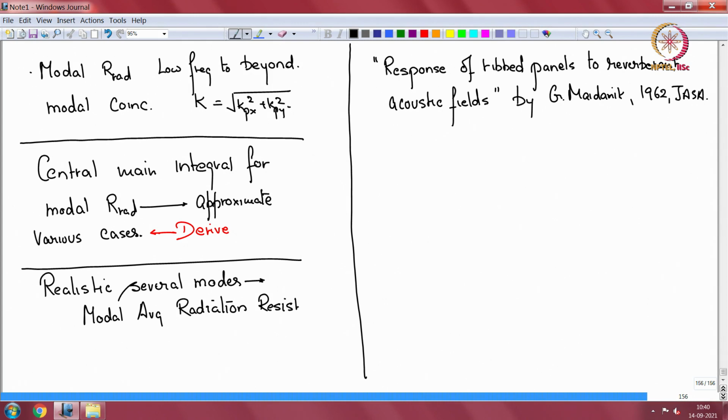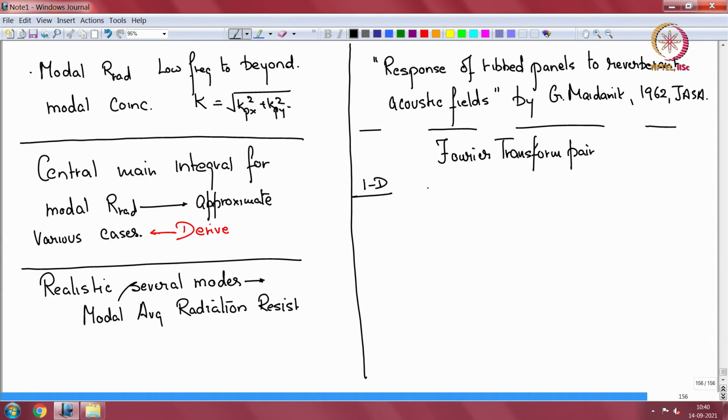So let's see, we need a Fourier transform pair definition. Initially, let's see the 1D case.